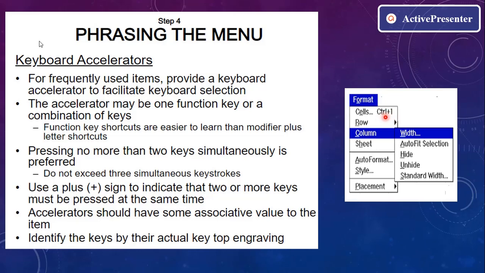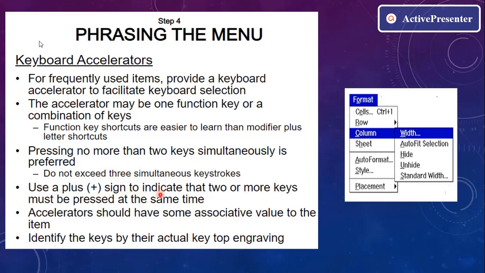You are going to press 2 keys at the same time, that is Control and 1. Similarly, Control C: Control and C will be pressed at the same time. So that is one more shortcut we have. But don't press 3 keys simultaneously. More than 3 keys should be avoided.